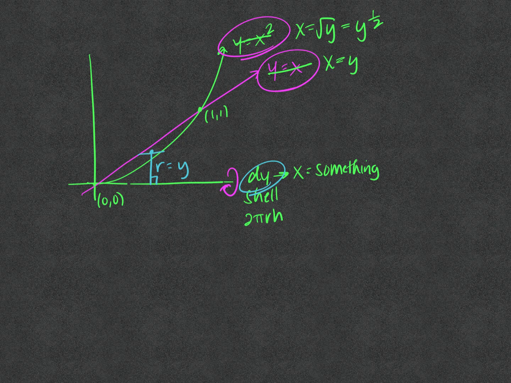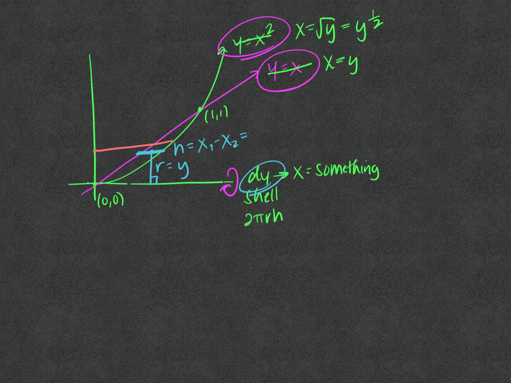The difference here is I have two functions here. So my height does not go, look at this red line. Normally my height goes all the way to the axis, but my height does not go all the way to the axis. My height only goes from the green line to the pink line. So that is my height. So we're going to say the height is x, x2 minus x1, or x1 minus x2, I don't care.